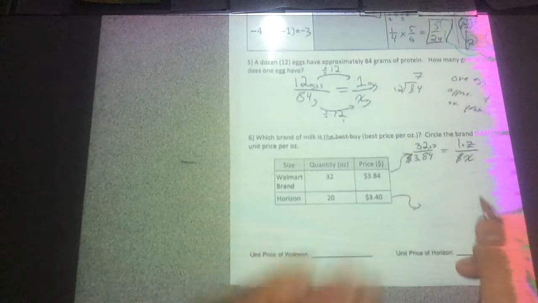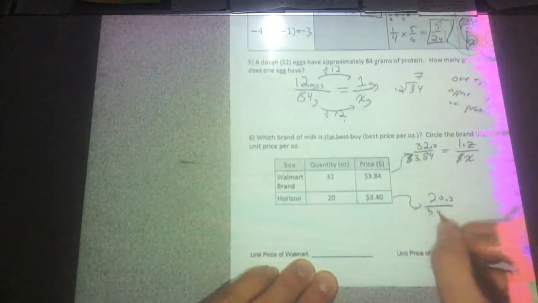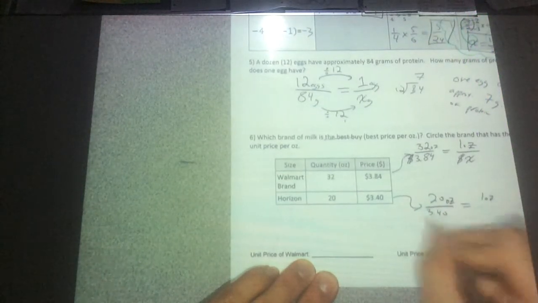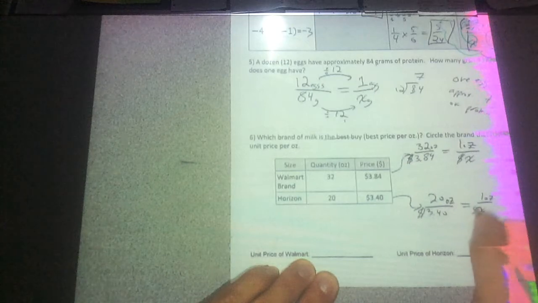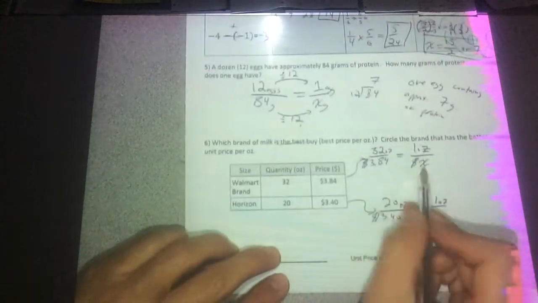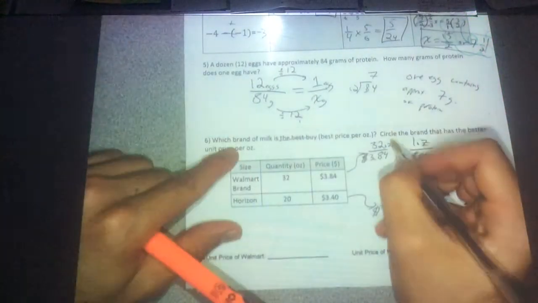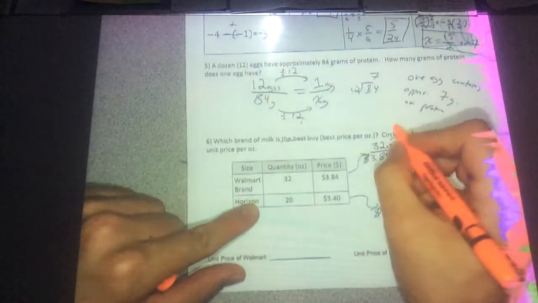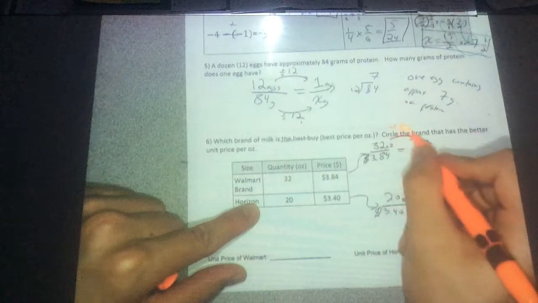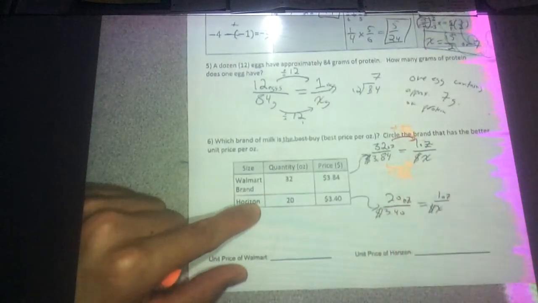And over here, we're going to do 20 ounces over $3.40, and that's going to be 1 ounce over x dollars. Notice that the numerators both have ounces and the denominators both are dollars. They're the same unit. So here I divided by 32, and here as well, I'm also going to divide by 32.